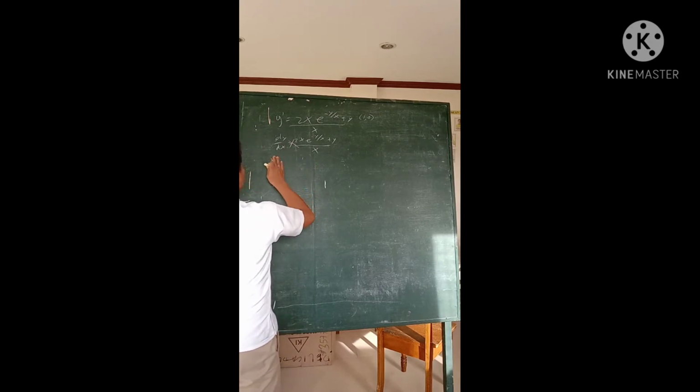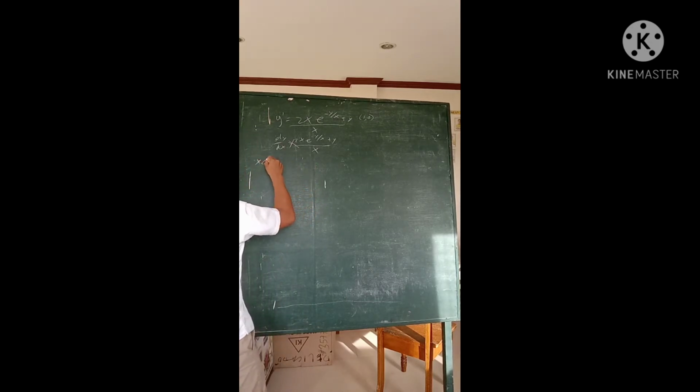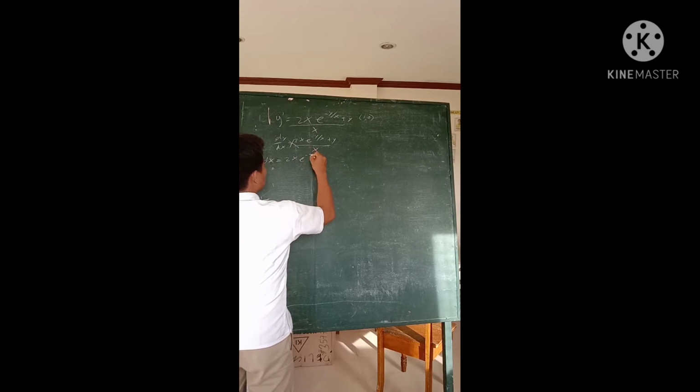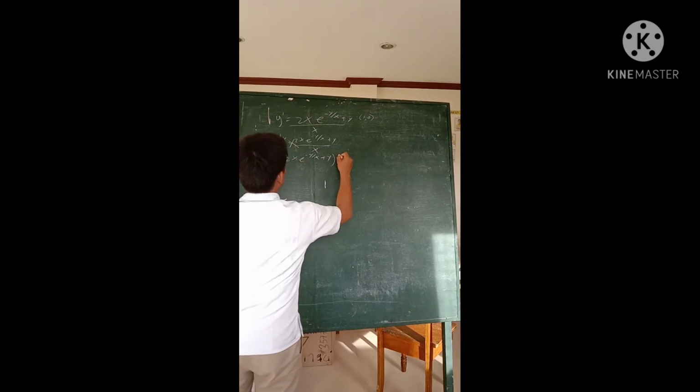So x dy over dx equals 2x e to the negative y over x plus y dx.